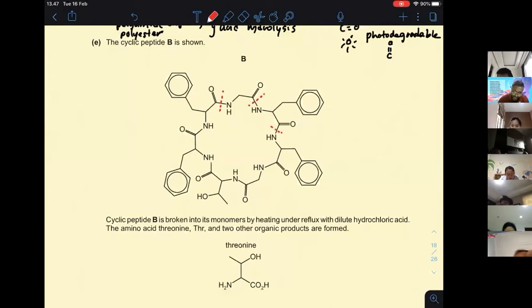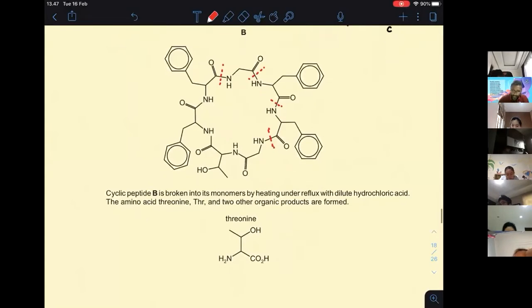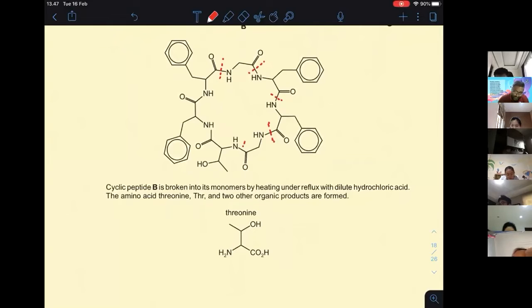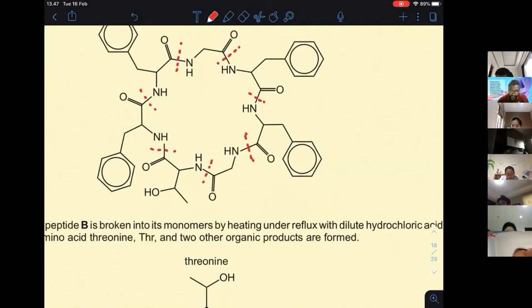I've highlighted which bonds will be broken.